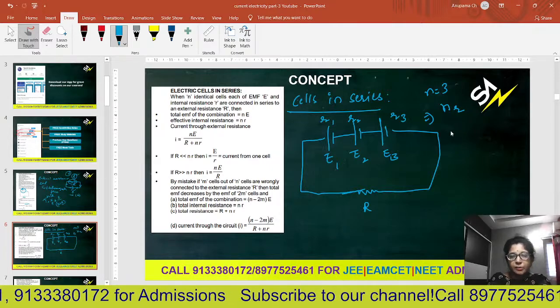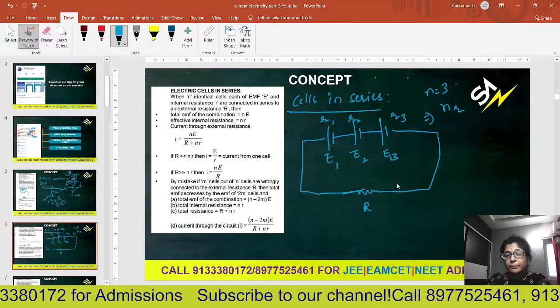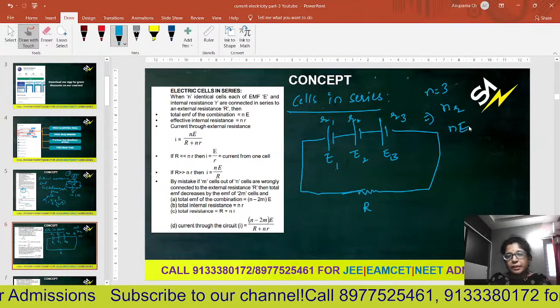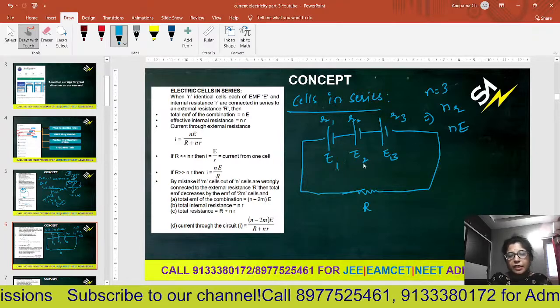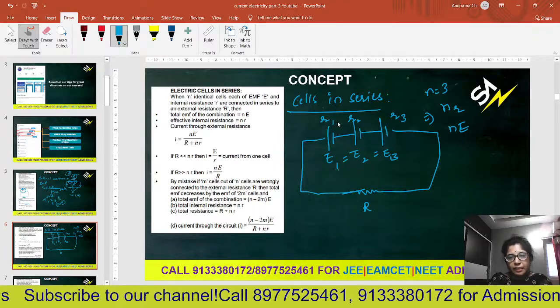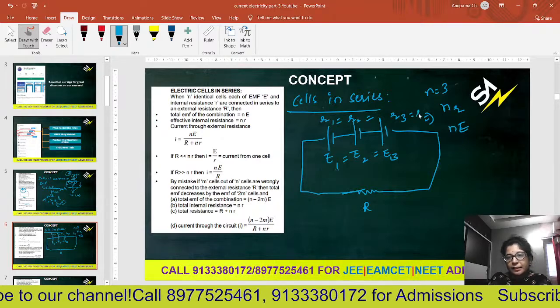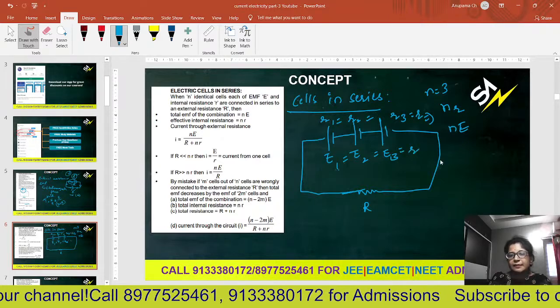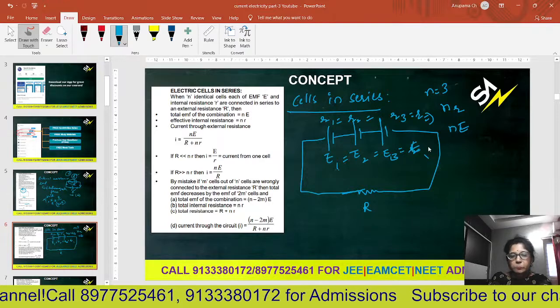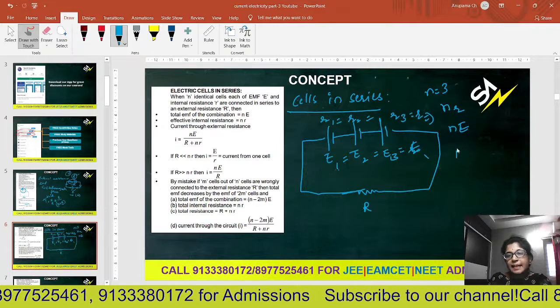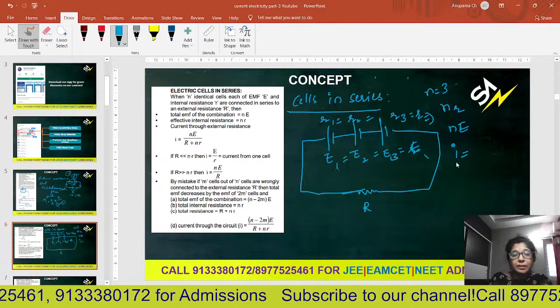Then what about the EMF here? EMF is also n into E, that is, if E1, E2, E3 are equal and r1, r2, r3 are equal to r, then you can write it like this: n into E.